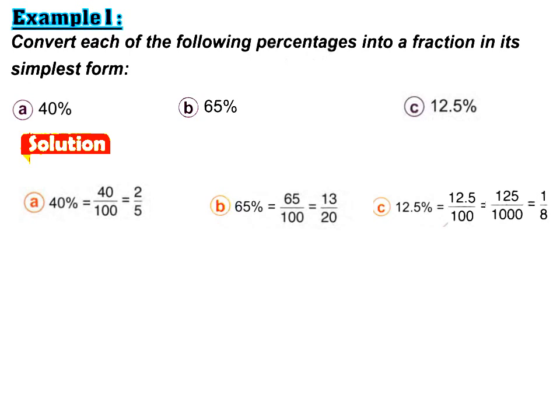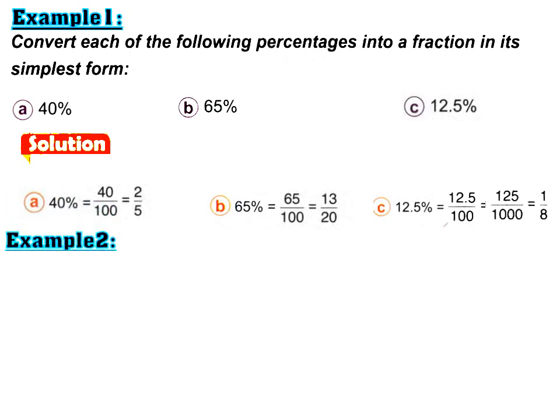You can also use your calculator: putting 12.5 over 100, it will give me 1 over 8. Its simplest form equals 1/8.